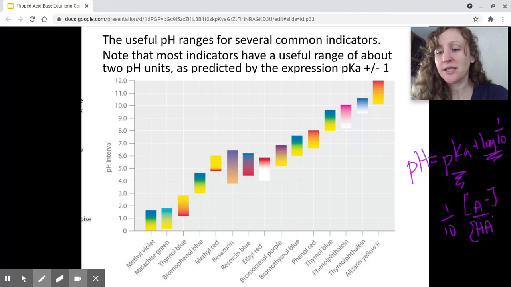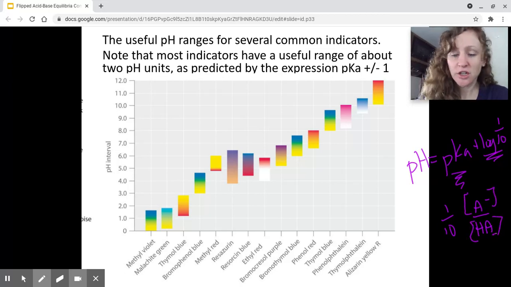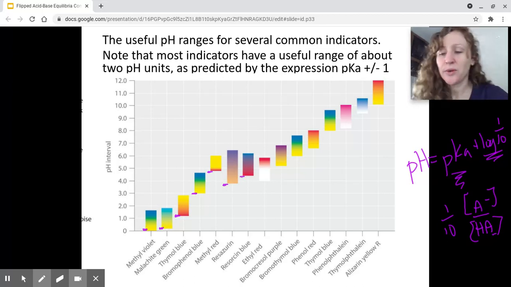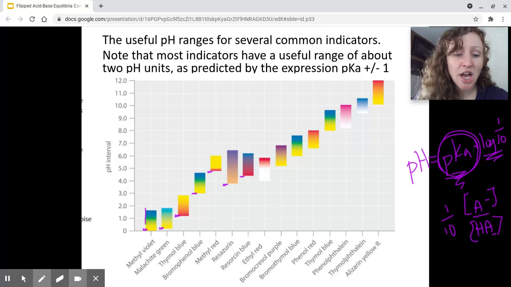And so you can see the color change starts at that 1:10 ratio for all of these, right? But they all have different pKa's, so that color change happens over different pHs for all of them.